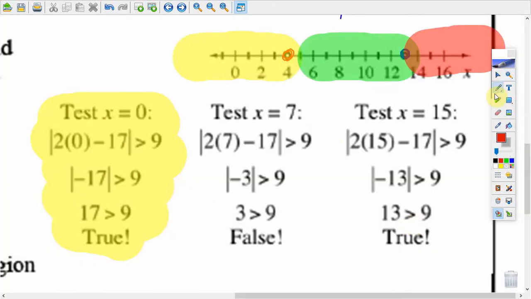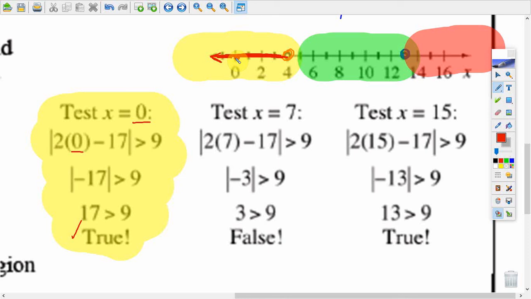When we plug in 0 for x, right here, we get the absolute value of 2 times 0 minus 17 is greater than 9. We take the absolute value of negative 17, which gives us positive 17, so positive 17 is greater than 9. That is true. So that means that there are solutions in this region where the 0 was. So we're going to shade in that region for sure.